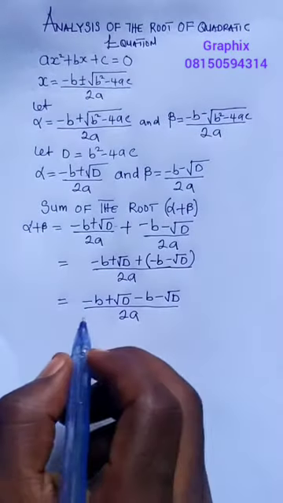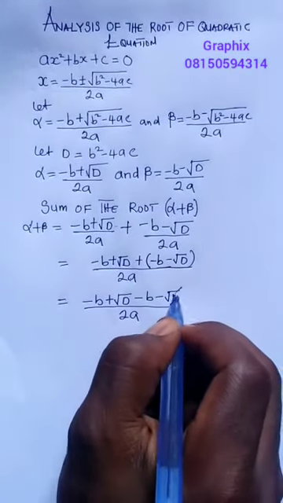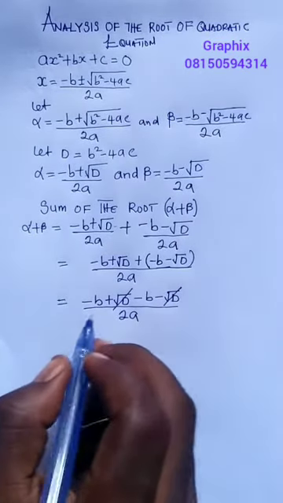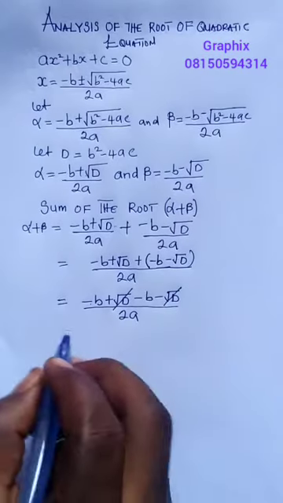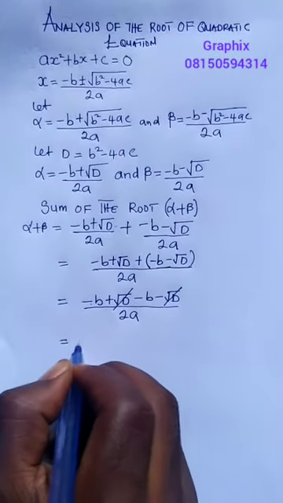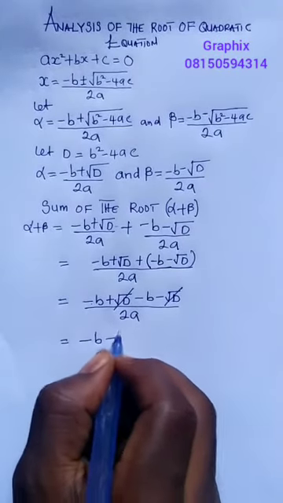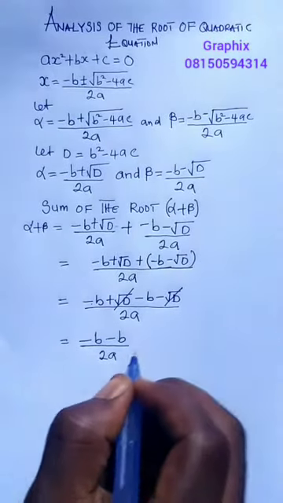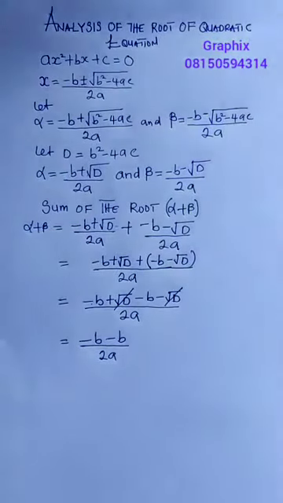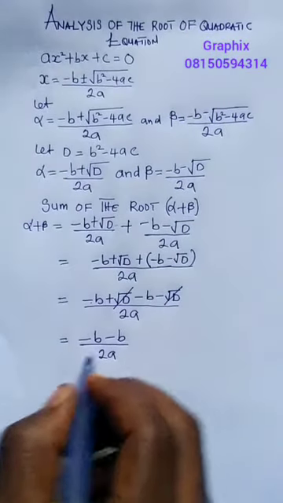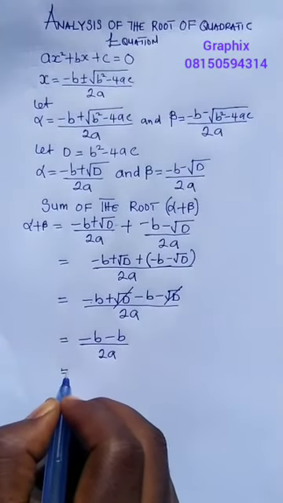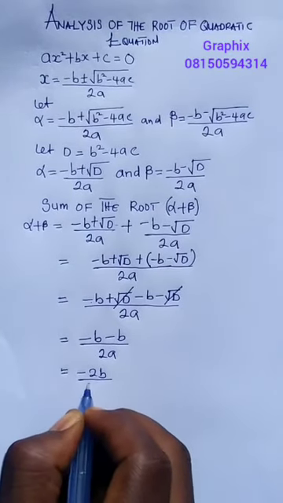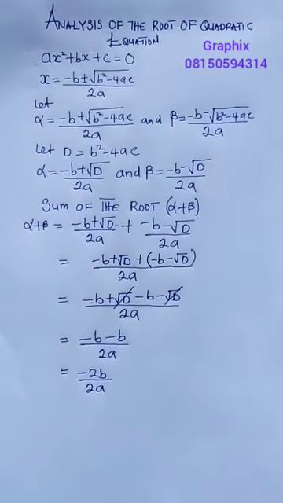So this will give me a negative root D and a positive root D that cancel. So we're left with minus b minus b over 2a, and that will give us minus 2b all over 2a.